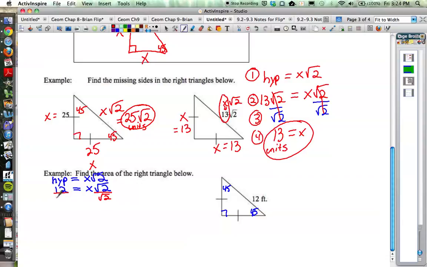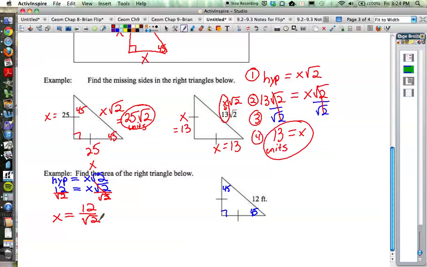So this you really do need to do a little bit of algebra with to solve for it, because it still has the relationship even if you don't see the square root of 2 there. So we find out that x is equal to 12 divided by the square root of 2. And I'm not going to change that to a decimal right now. I'm just going to keep it with the square root of 2.